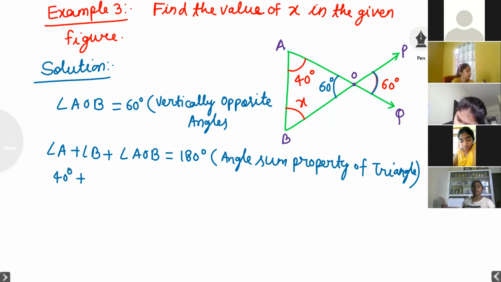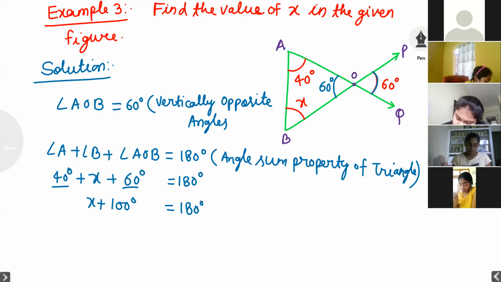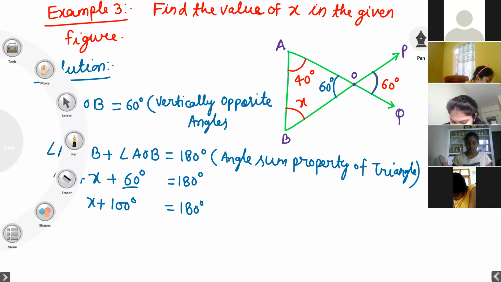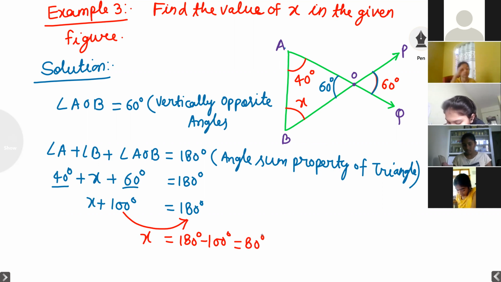Angle B is x and angle AOB is 60 degrees, equal to 180 degrees. 40 and 60 are like terms, so 100 degrees is equal to 180 degrees. The 100 doesn't want to be on this side, it wants to go to that side. Plus quantity becomes minus. x is equal to 180 degrees minus 100 degrees, which is 80 degrees. The value of x has come 80 degrees.